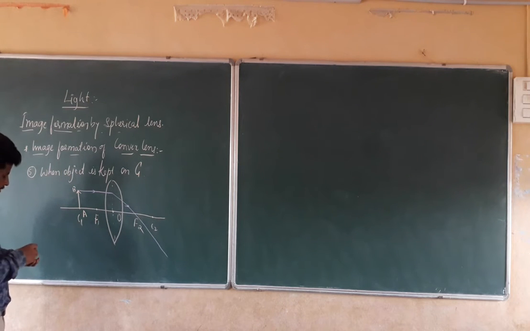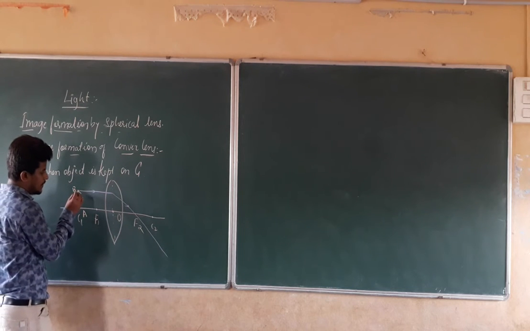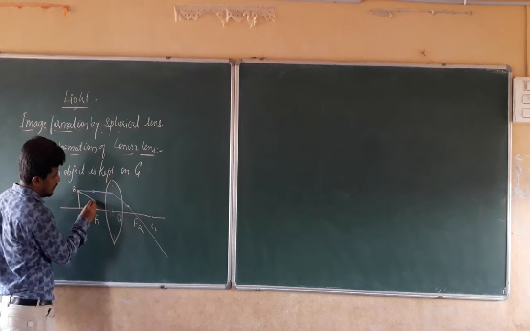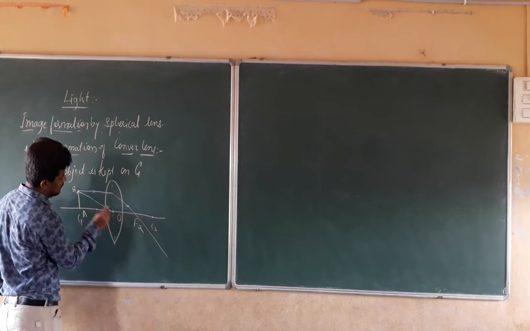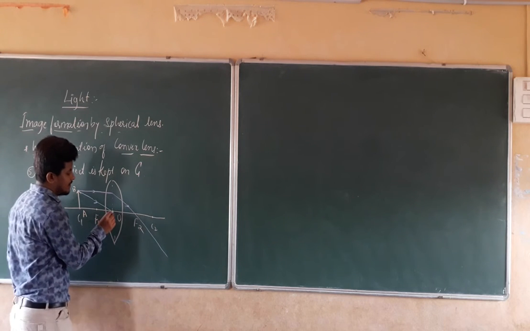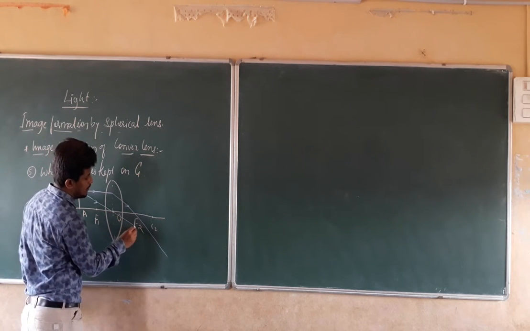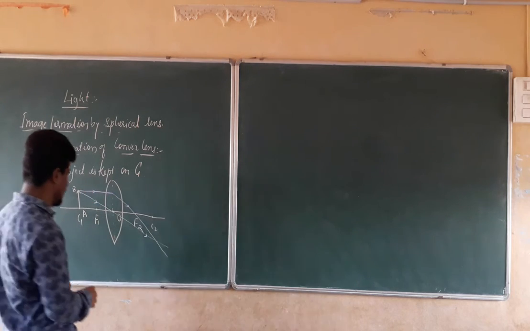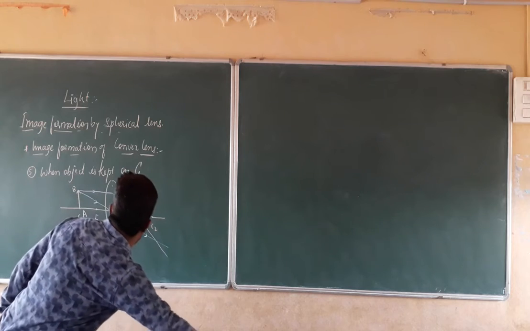In the same manner, the second light ray I am going to take is the one passing through the optic center. And what will happen on refraction? It is not going to refract, since it is coinciding with the normal only.